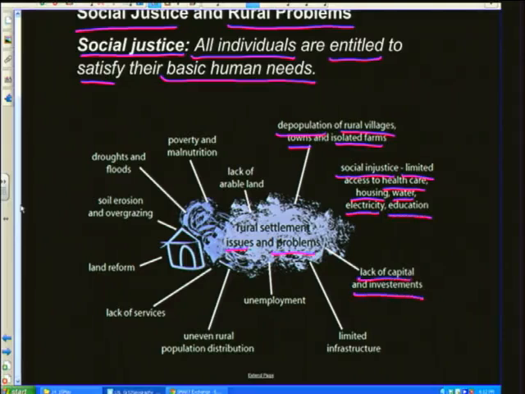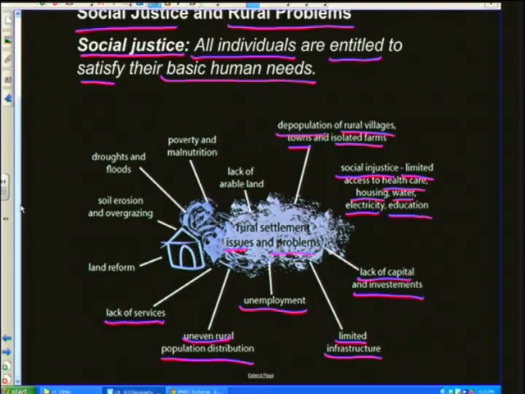No one's going to put money into a town that's not going to grow or flourish in their economy. There's also limited infrastructure that's also not maintained properly. There will be unemployment because services and shops will have to shut down. There will also be an uneven rural population distribution. There's a lack of services, and they're also not maintained very well.